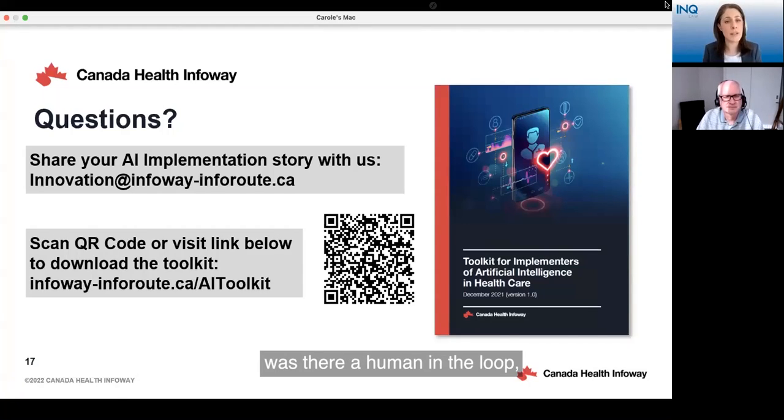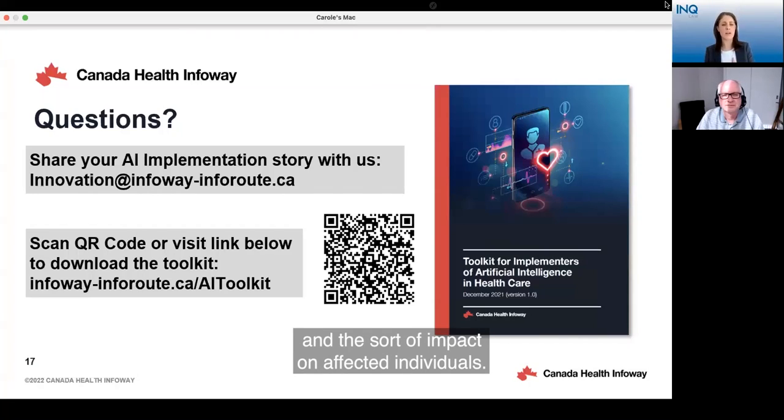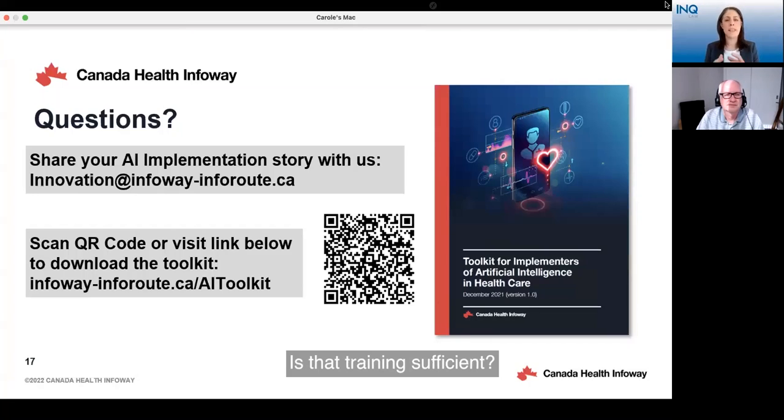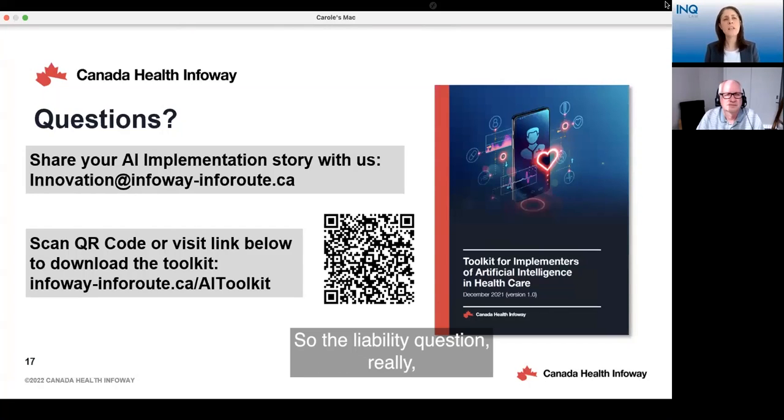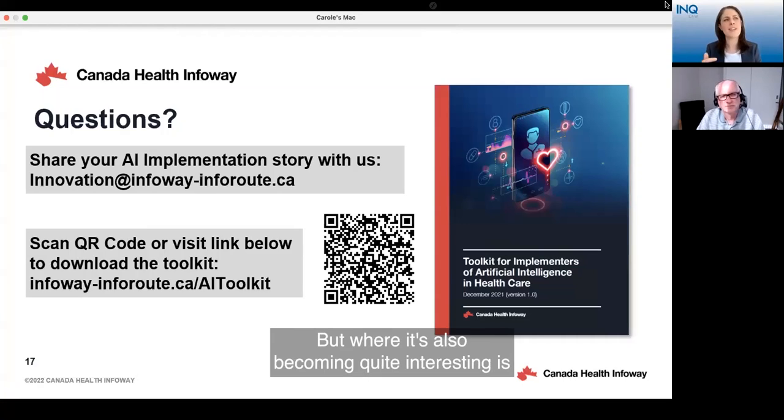Was there a human in the loop, meaning somebody who is properly qualified to serve as that middle person between the output of the AI system and the impact on affected individuals? Is that training sufficient? So the liability question is huge because it depends on the nature of the circumstances.